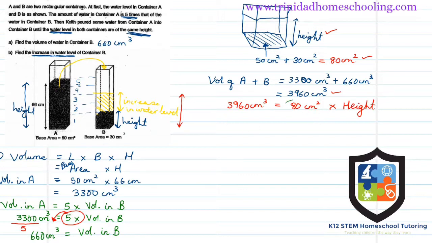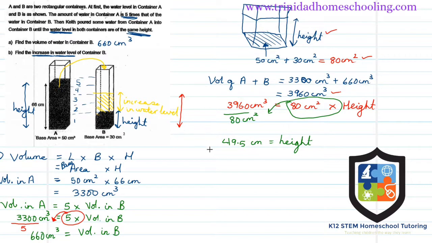Again, we would want to move this across to the other side of the equal sign. The operation becomes division. We will get a value of 49.5 centimeters as our height. Now that's not what the question asks. The question asks you to find the increase in water level.